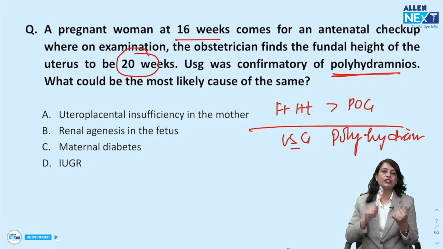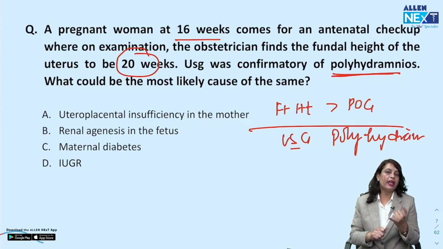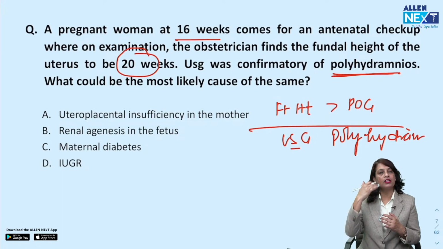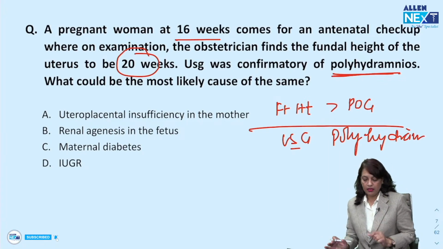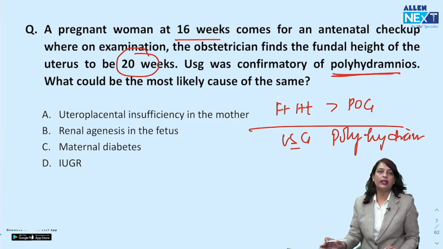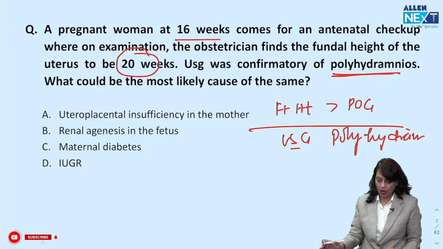If your patient says she is very sure of the dates, then you do the palpation, the fundal height examination, the presentation of the fetal parts, etc. So in this case, the ultrasound finding has shown polyhydramnios. Which of the following is the most likely cause for this polyhydramnios?